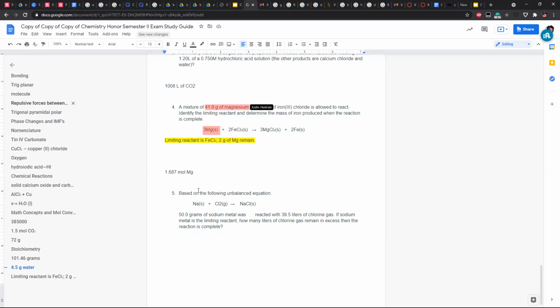Oh, and this is going to be a reaction where we have 2 different masses of 2 different reactants given. So this right here is 41 grams. And then our iron, we have 175 grams.